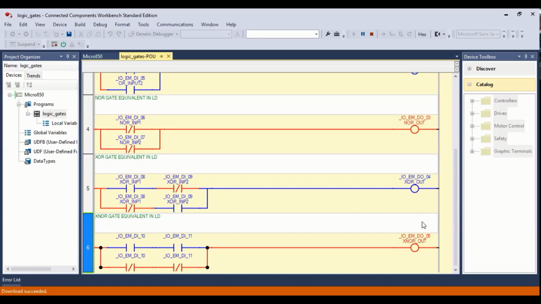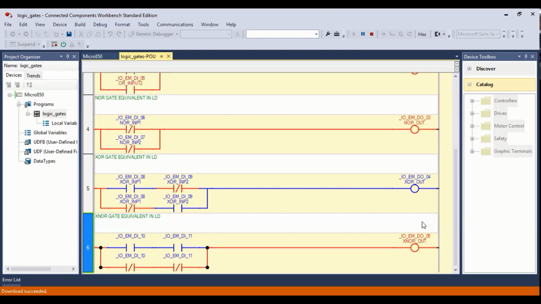The OR function, it's input 3 or 4. Either one of the inputs has to be true for the output to be true, and that's 4 acting on output 2, and that's 5 acting on output 2, or both of them, right? So we're still good.